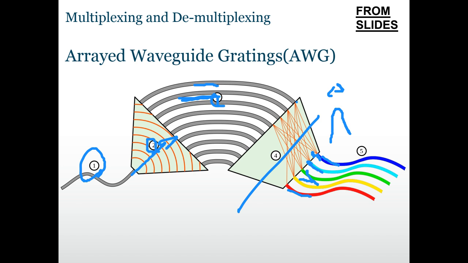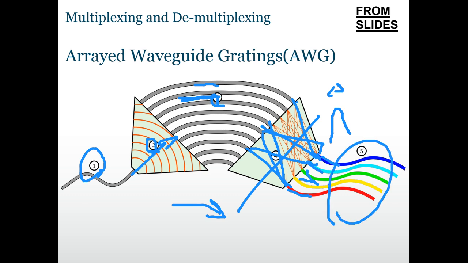What we want is that for different wavelengths, they go to one output port constructively interfered from different waveguides. Okay, so I have one wavelength that is constructively interfered at one output port. So the output would be like a rainbow because for each output port, we only have one wavelength. So we want the optical spectrum to be as narrow as possible.